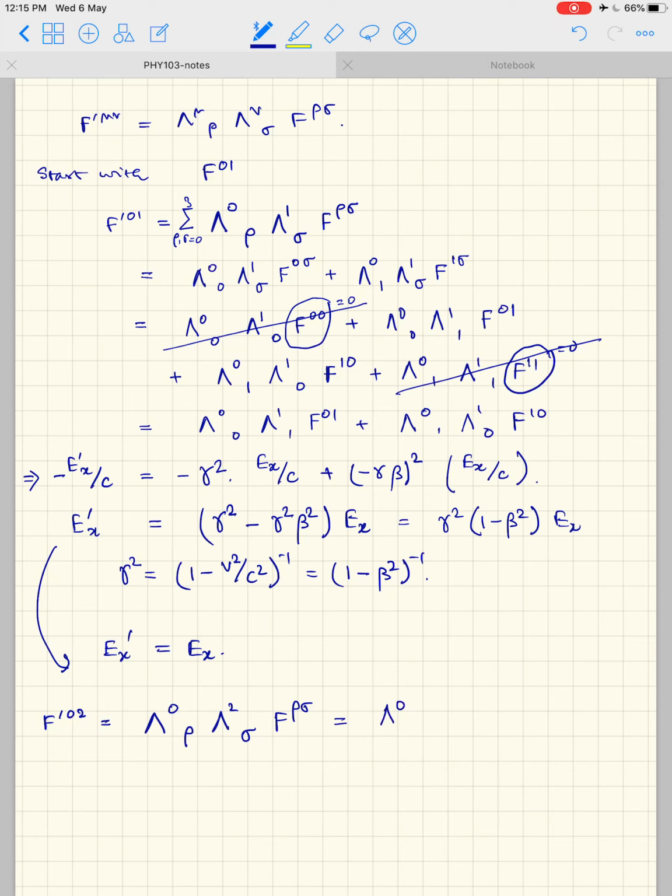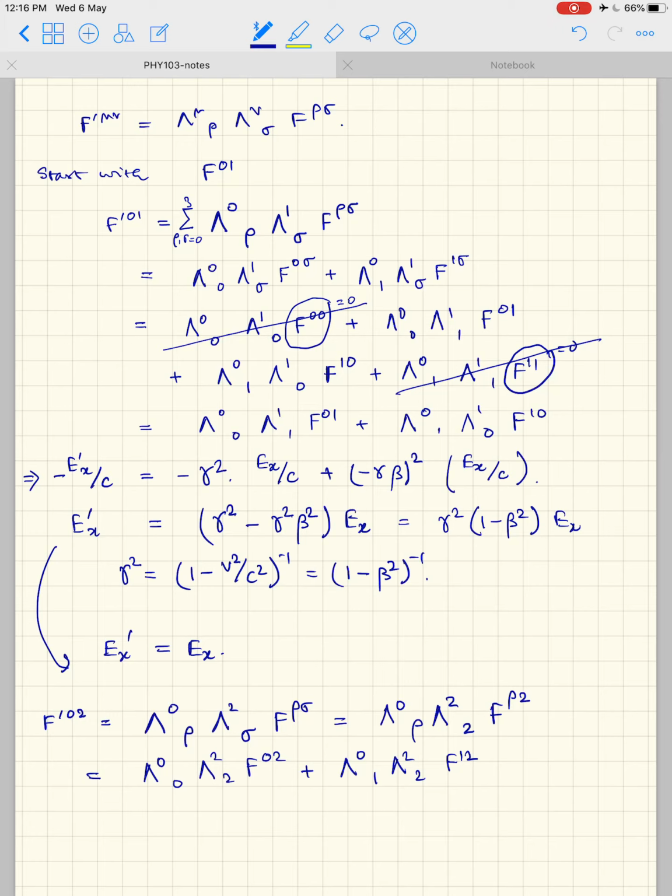Lambda 2 sigma is non-zero only for lambda 2,2, which is identity, so this is rho 2. Now you need to sum over rho. The only ones that are non-zero are lambda 0,0 lambda 2,2 f0,2 plus lambda 0,1 lambda 2,2 f1,2.